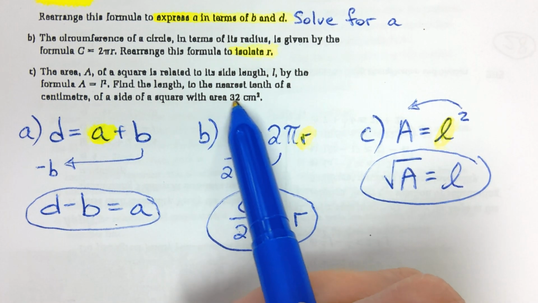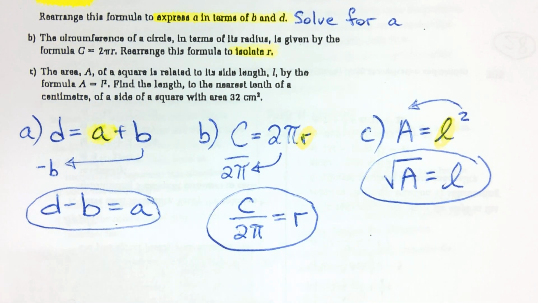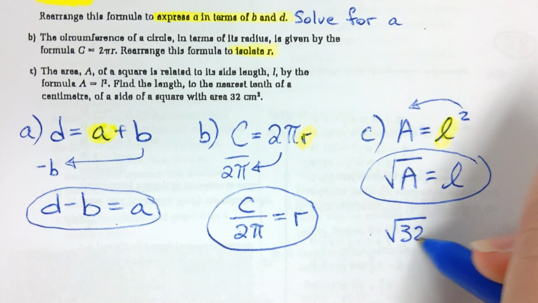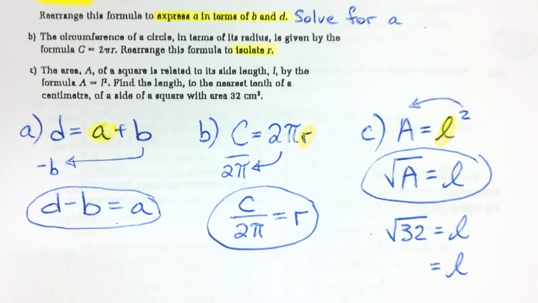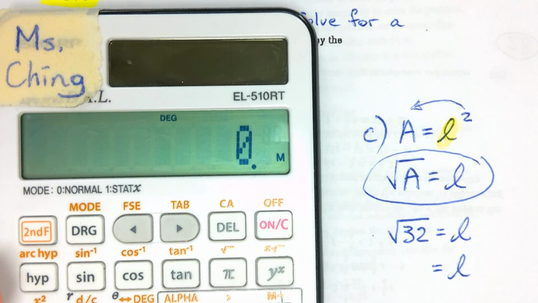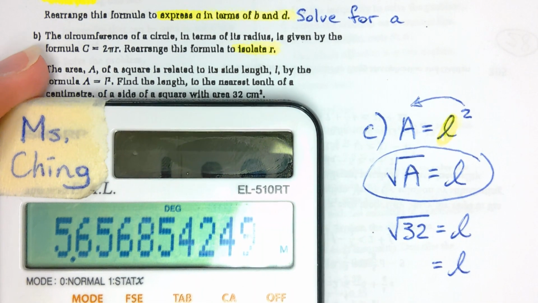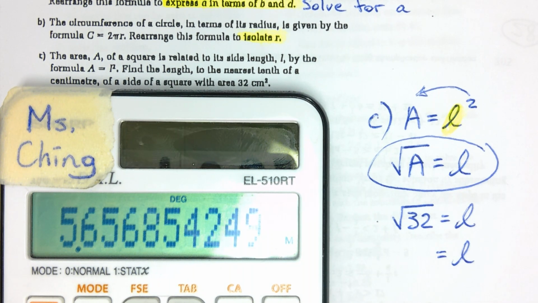So the second part of the question says, if I know the area is 32, what is the length? If I substitute it in here, square root of 32. I get this. So what's my final answer? Charles? 5.6.